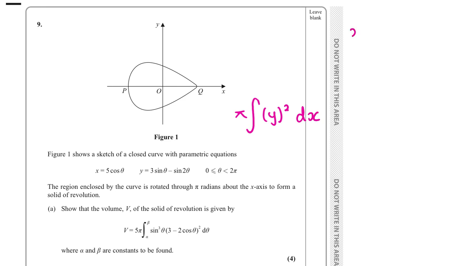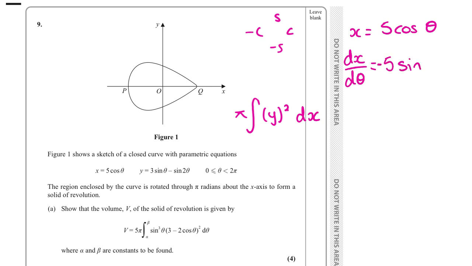So first of all, if we know that x is 5 cos of theta, if we differentiate x with respect to theta, we're going to have negative 5 sine theta. So that means that dx equals minus 5 sine theta d theta.